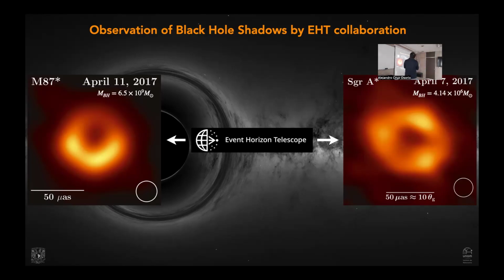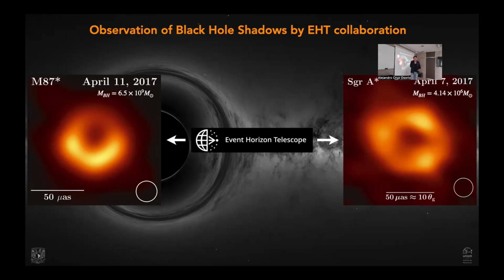If you remember, this is M87, the first image from 2017. We now have new observations from 2018, and we have 2021 observations, but still not publicly available. We also have Sagittarius A star.